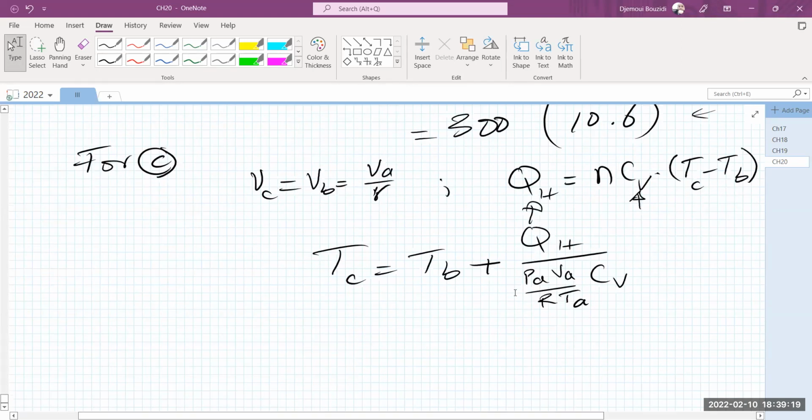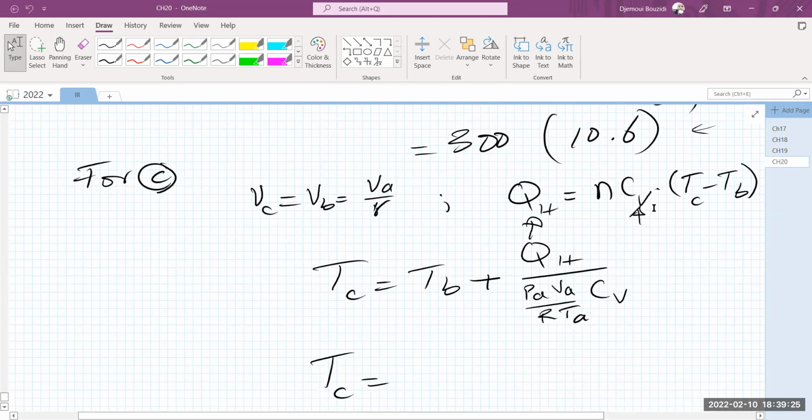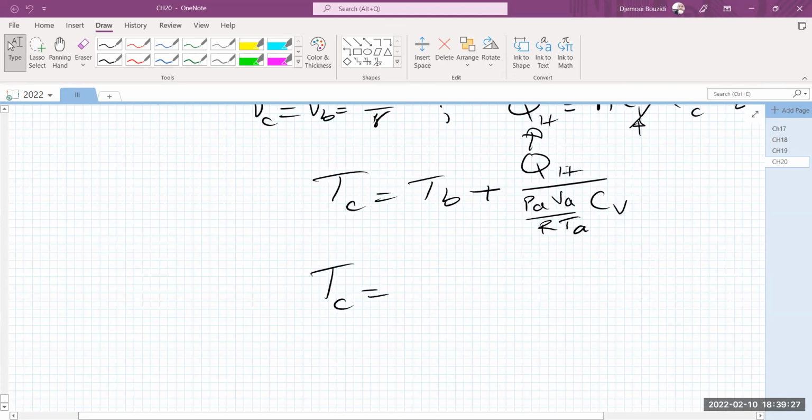So theoretically, this is computable. TC, remember TB is calculated in here. QH is 200 joules. PA is 8.5 times 10 to the positive 4, atmospheric pressure. VA we found is 5.1 times 10 to the negative 4.